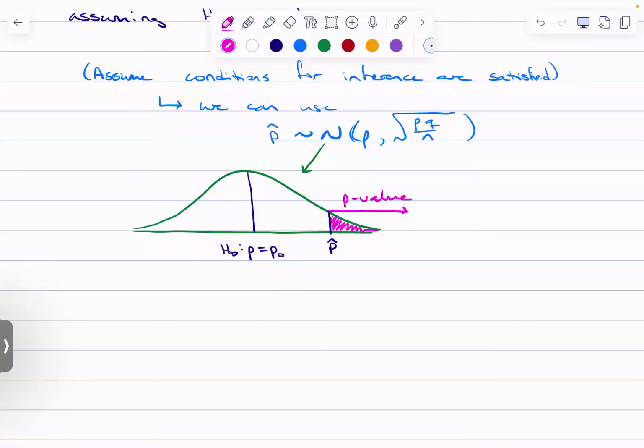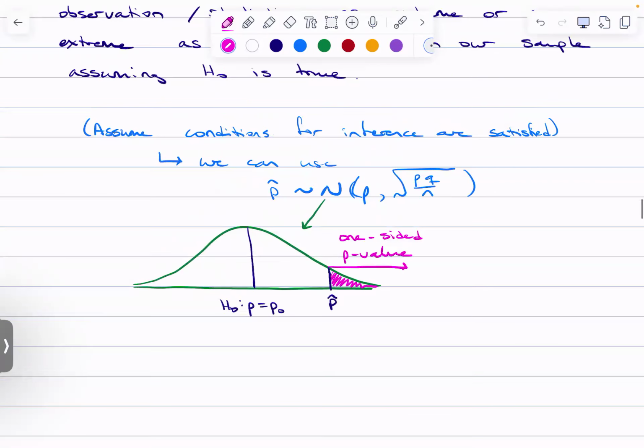This is what we call a one-sided p-value, because it's just one of the tails. Or a one-tailed p-value, one-sided or one-tailed p-value.